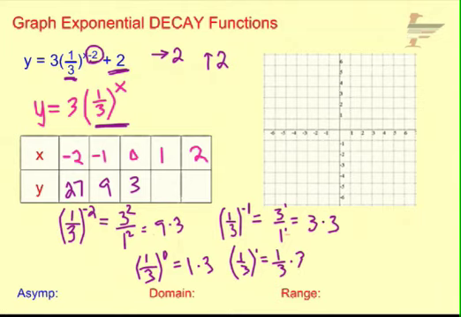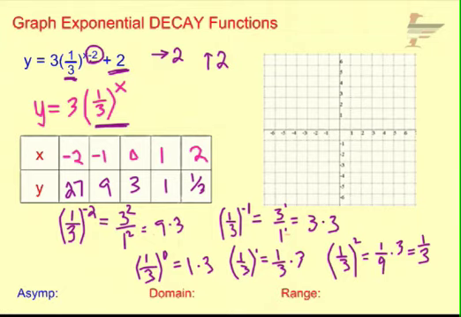A third times 3 is 1. And then 1/3 raised to the second power, we're squaring the 1/3, so 1/3 times 1/3 is really just 1/9 times that 3, which gives us 3 over 9, which reduces to 1/3.